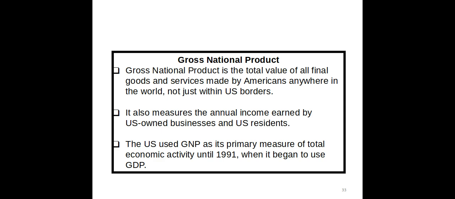And the switch to GDP in 1991 was to really give us an idea and to acknowledge that when Americans are living abroad in Nepal, the money they make doesn't really matter to the U.S. economy. They're not paying the taxes here. They're not spending it here. So why do we care? And that's why we move towards GDP.